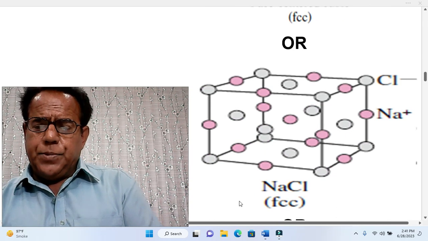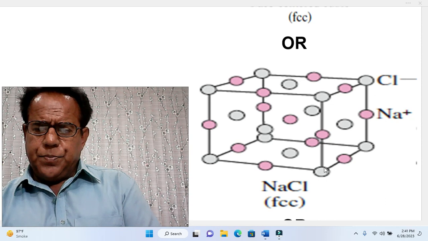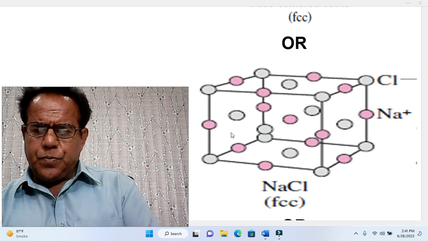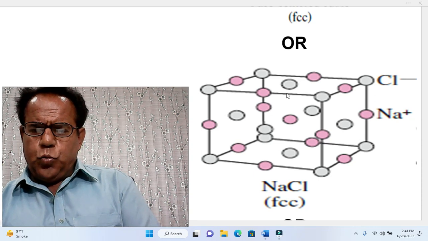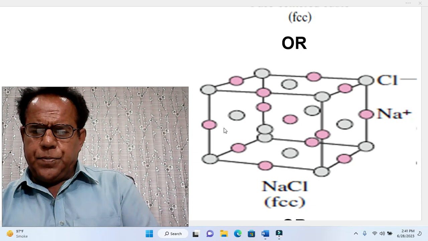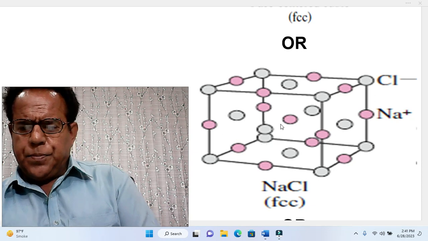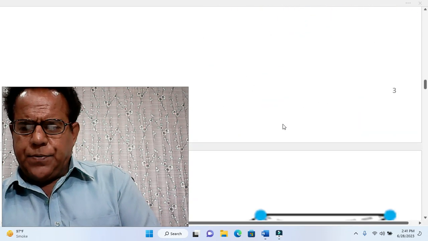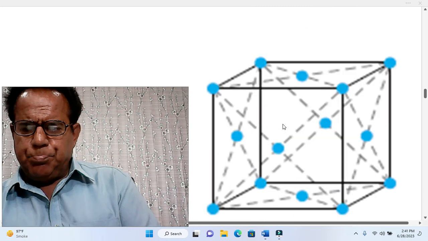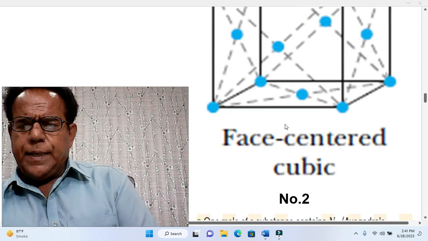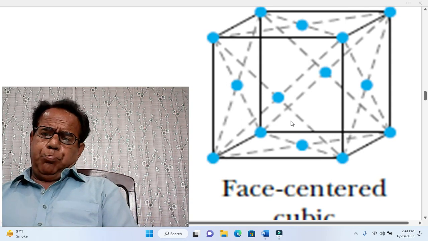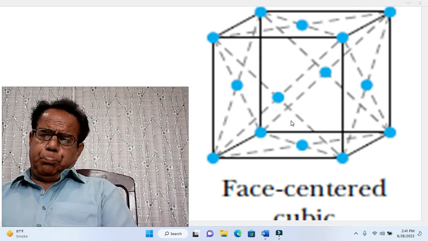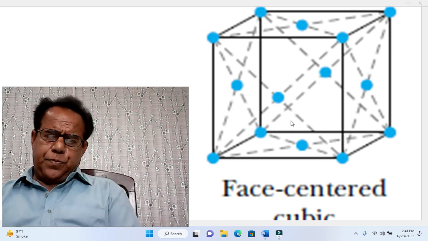How many atoms? 1, 2, 3, 4. Next version, face centered cubic.